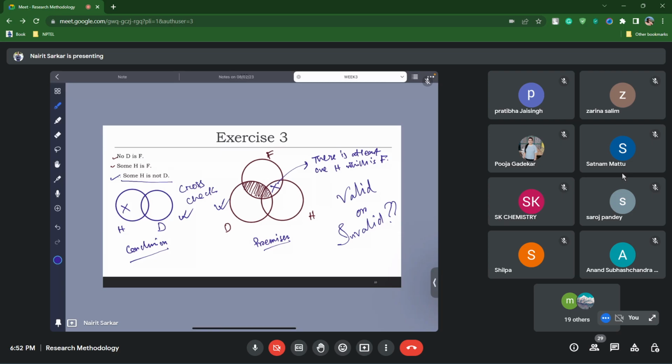Think first. Invalid. Why do you think that it is invalid? It should be valid, right?